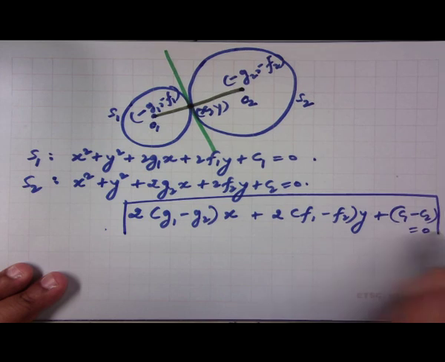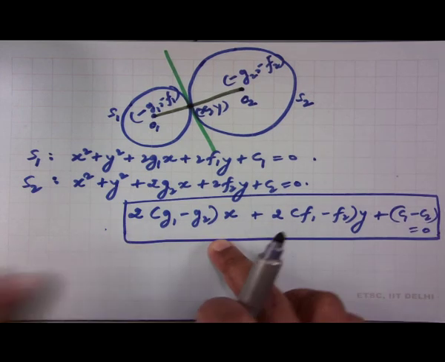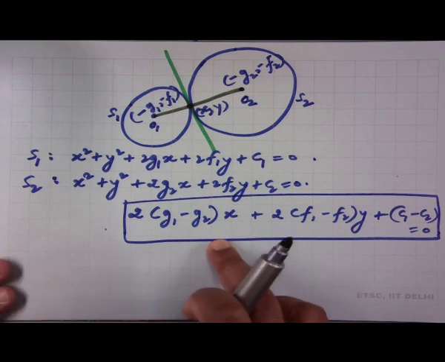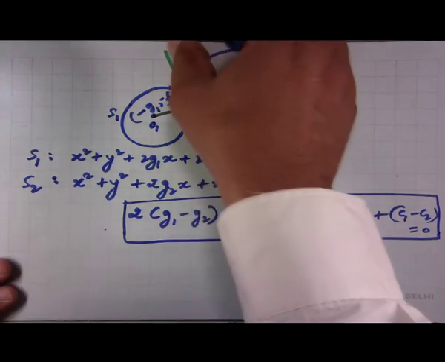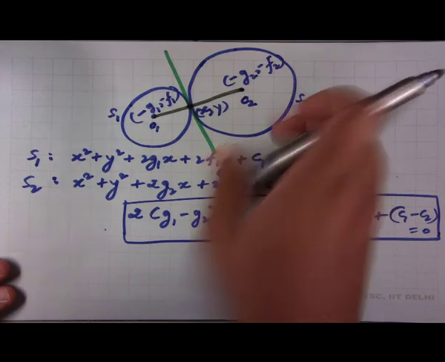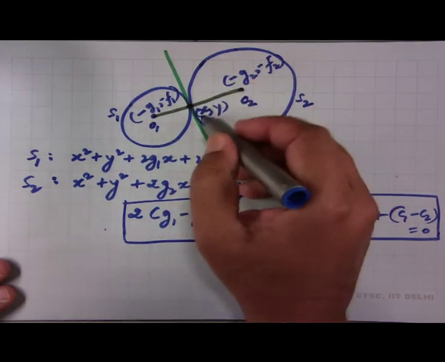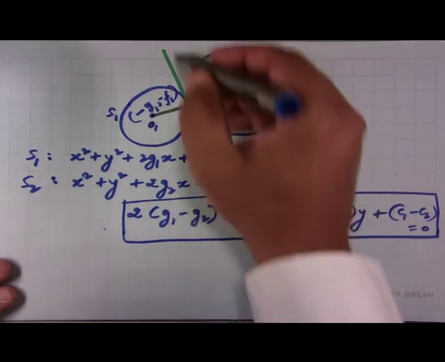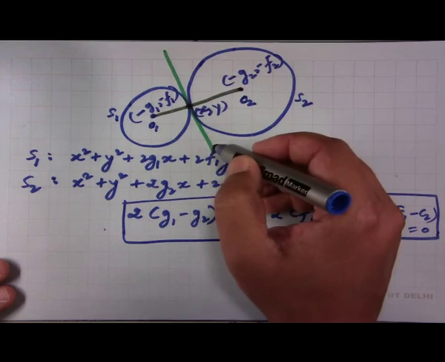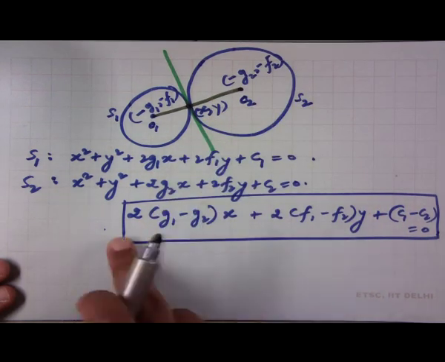We will show that this equation is nothing but the equation of the transverse common tangent. One thing that we know is that this point of contact (x, y) lies on the transverse common tangent, and this (x, y) satisfies this equation.